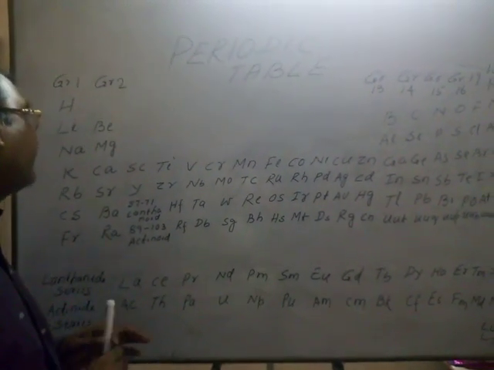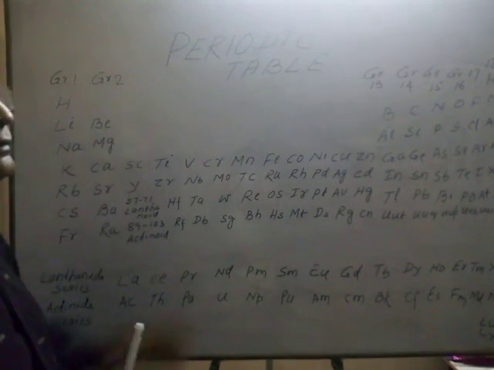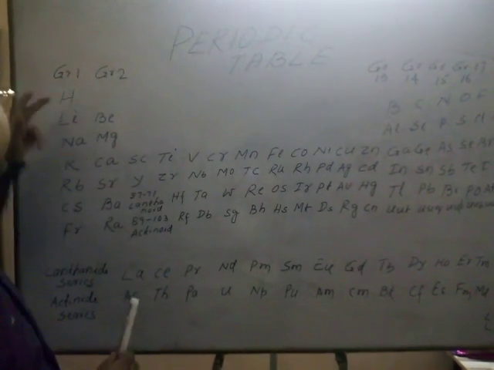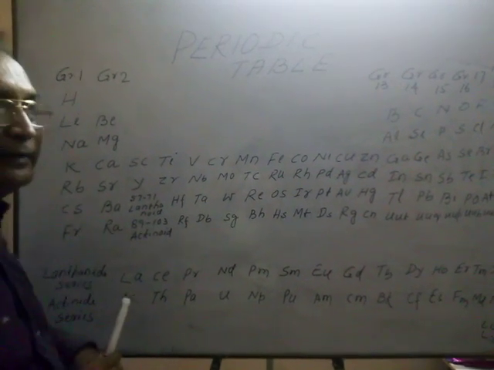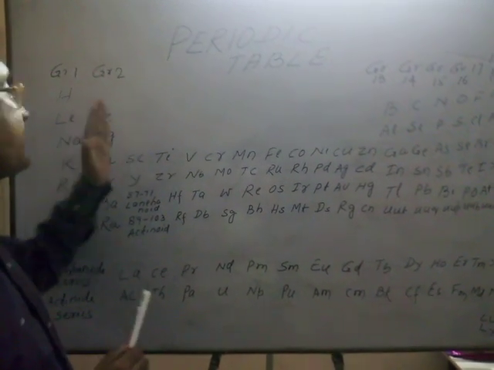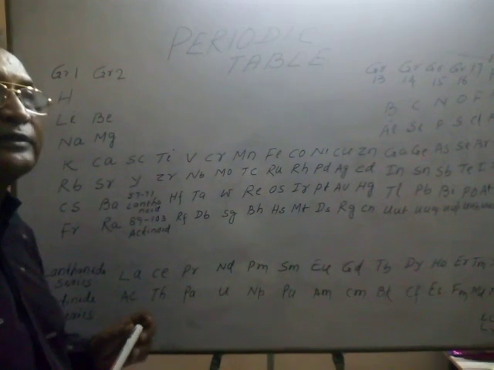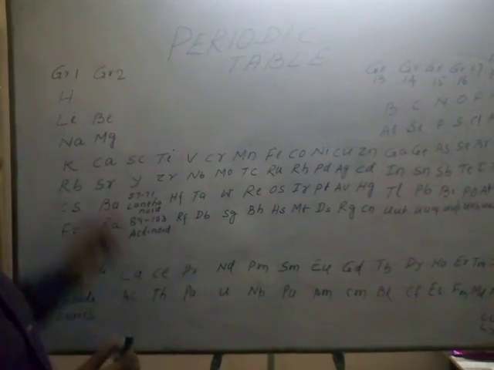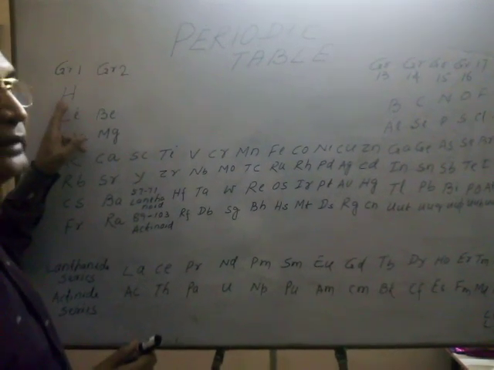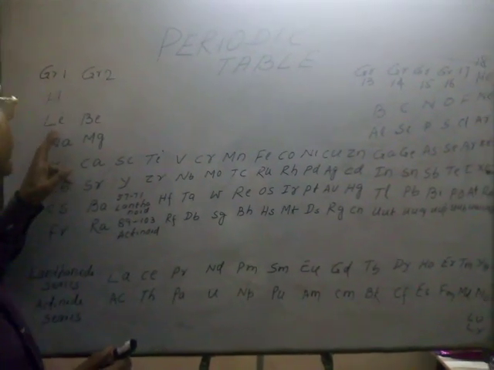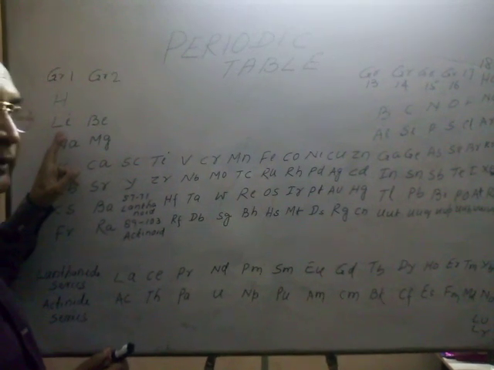On the other hand, if we consider period, that is period 1, period 2, 3, 4, 5, 6 and 7, period represents the number of shells present. If we consider period 1, the number of shells will be 1. If we consider period 2, the number of shells will be 2.